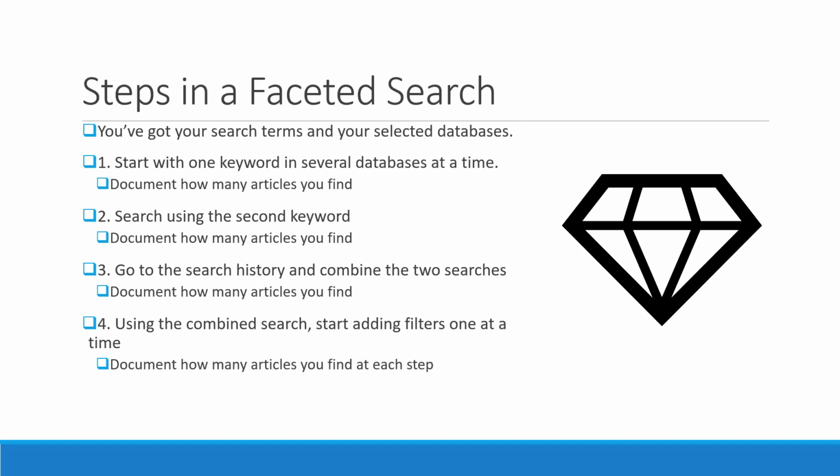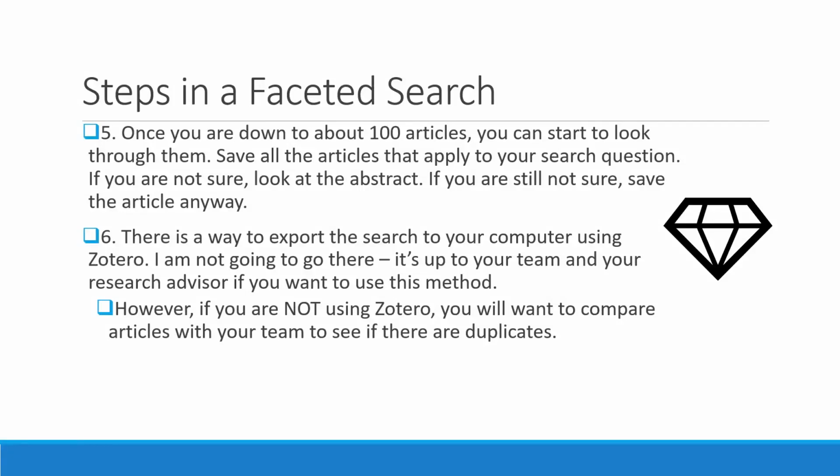And now you can see how many articles you have. Now you can start adding filters one at a time, until you get it narrowed down to about 100 articles, and then you can start to look through them. And you can pretty quickly, with 100 articles, tell, oh, these ones are not important to me, but these few are going to be great. Then you can bookmark or save the articles that are applying to your search question.